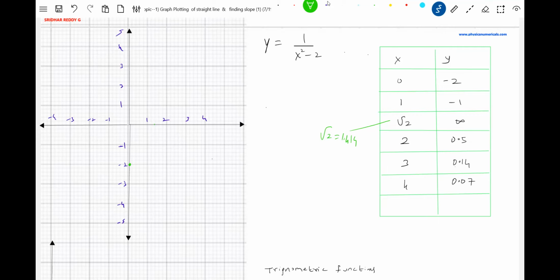At x equal to 1, it will be minus 1. At x equal to root 2, y will be infinity, since 1 by 0 is infinity. At x equal to 2, it will be 0.5.